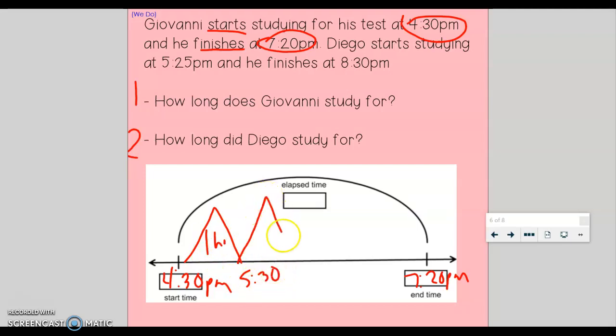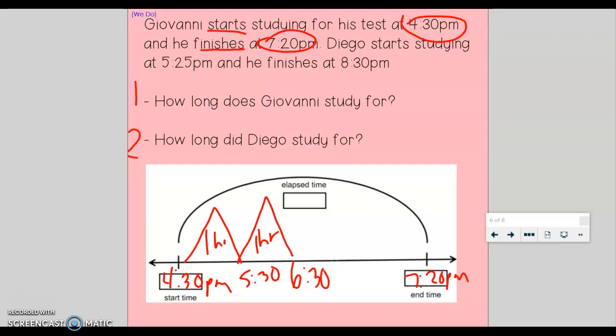Can I do another hour jump? 5:30 plus 1 more hour? Yeah, it works. Gets us to 6:30. If I do another hour jump, am I where I need to be, or am I too late or too early? Let's see, 6:30 plus an hour, that would be 7:30. And I need to get to 7:20, so I can't jump an hour.